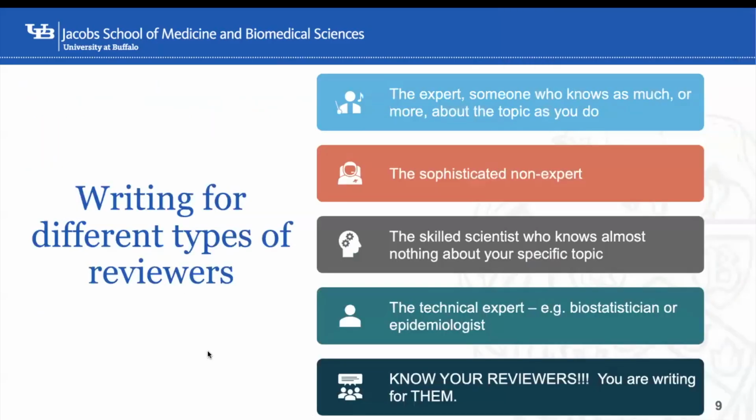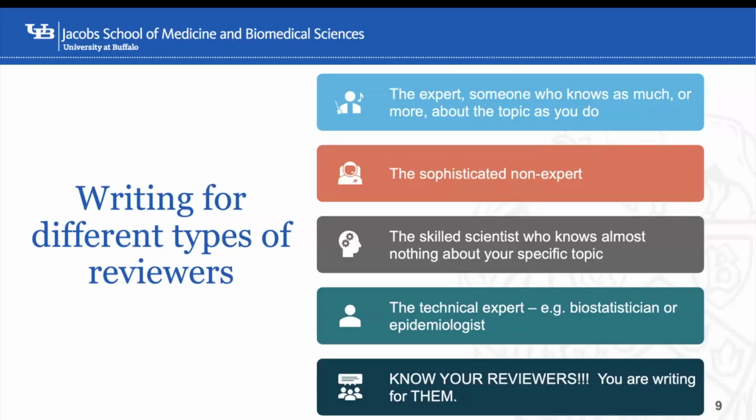One of the challenges in writing grants, obviously, is that there are different types of reviewers. There will be experts that know as much or more about the topic than you do. But there also will be non-experts or people that are sort of adjacent to your field, but not in your field. And there will be technical experts.